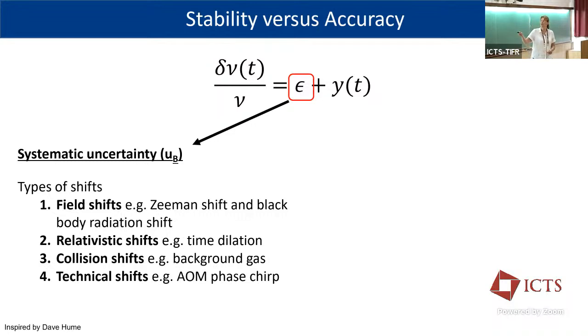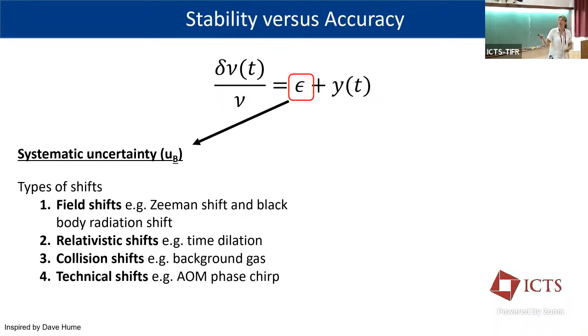Which one of these shifts does not care if you're a microwave clock or an optical clock? The second one, time dilation. So you're thinking of the Doppler shift, for instance, which is the velocity divided by the wavelength. Be careful, it's relativity, and it's unfortunately a relative shift.